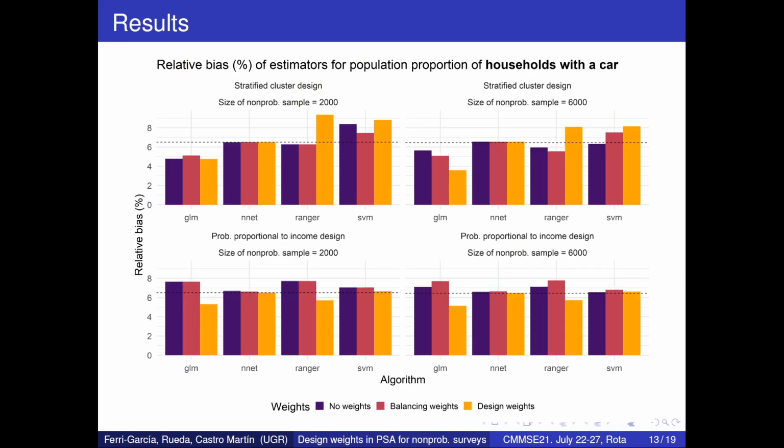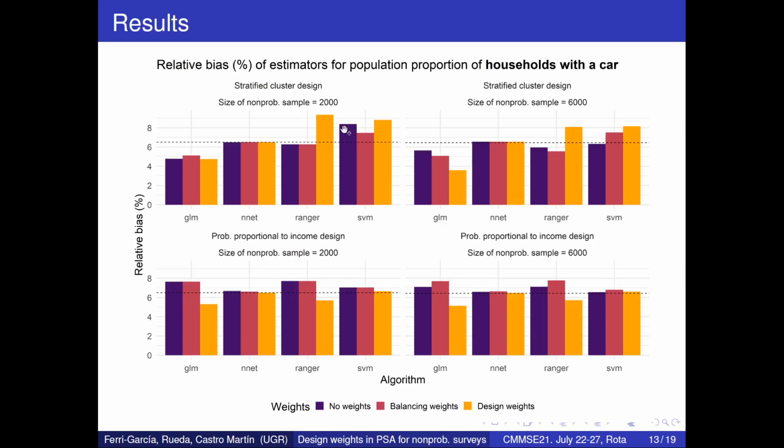So, the results of the relative bias for the population proportion of households with a car can be seen in this image. Relative to the baseline is this dashed line here, which represents the relative bias of the unweighted sample, so just the sample mean of the non-probability sample.